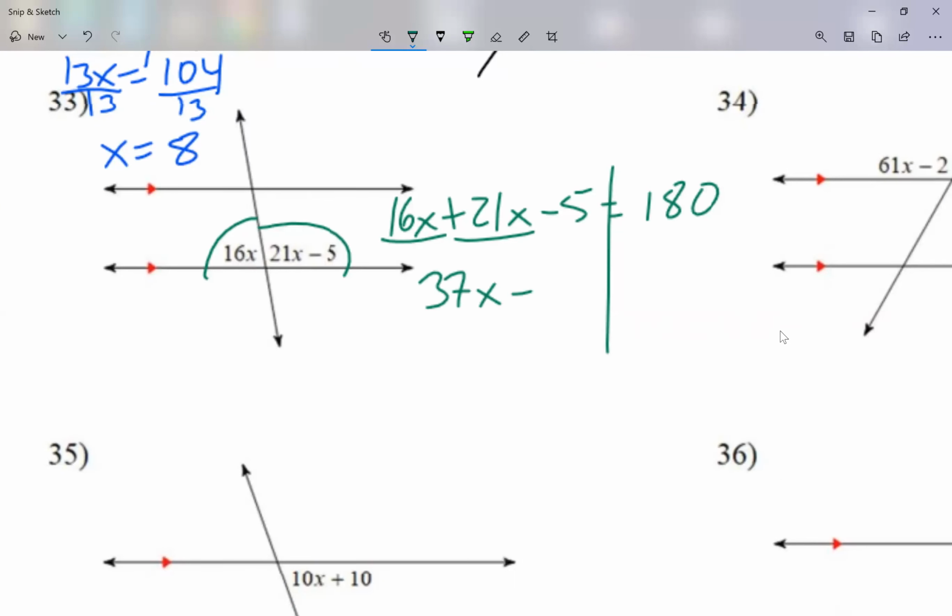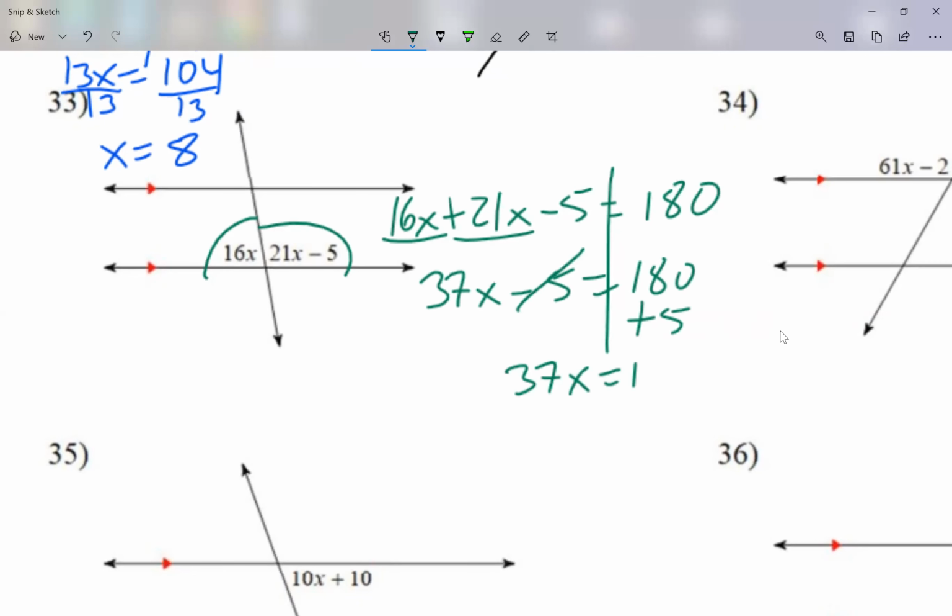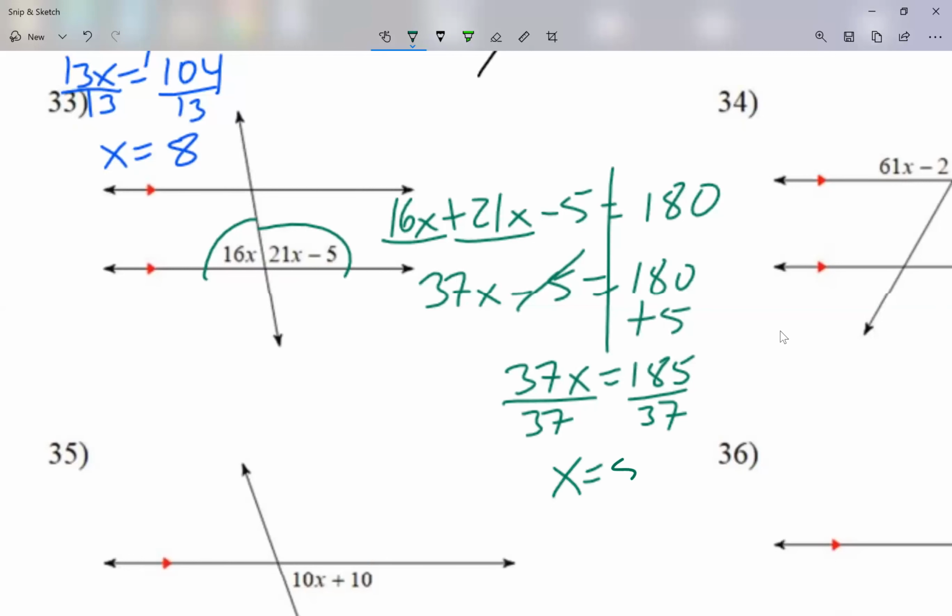So 37x minus 5 equals 180. Letters on one side and numbers on the other side. So this minus 5, let me move it over as a plus 5. 37x equals 185, right? 180 plus 5 is 185. Let me divide both sides by 37. x equals 5.